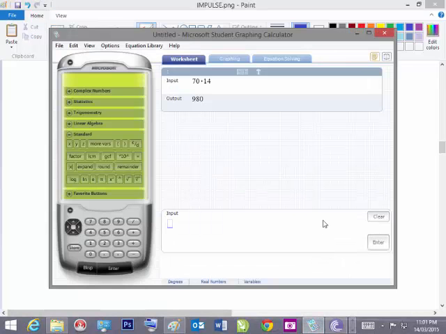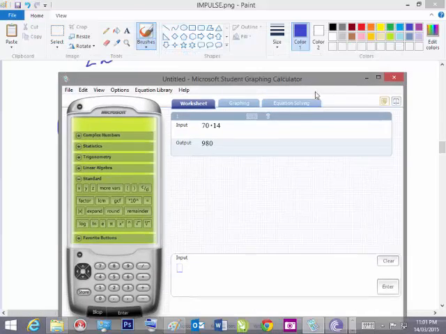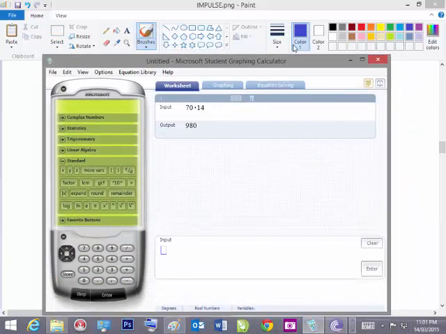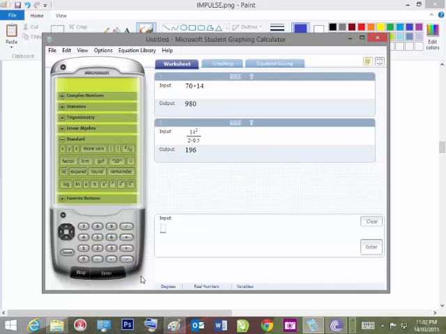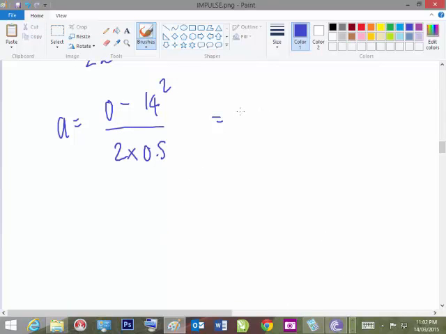I'll put it in the calculator. So it's 14 squared divided by 2 times 0.5. That's 196 meters per second squared.